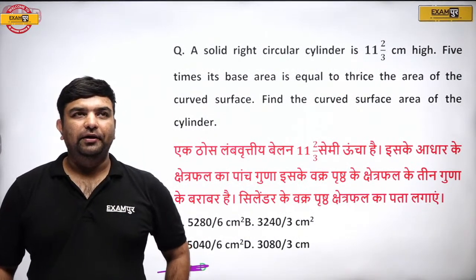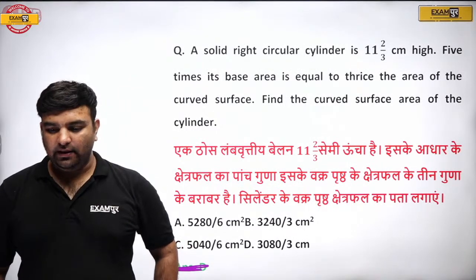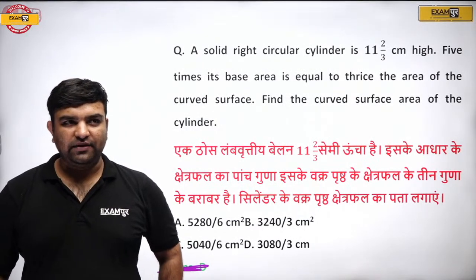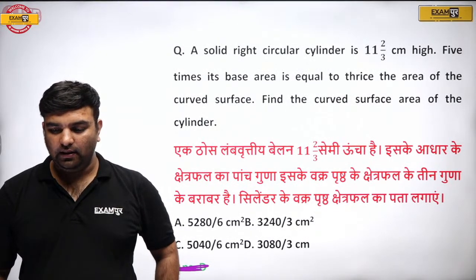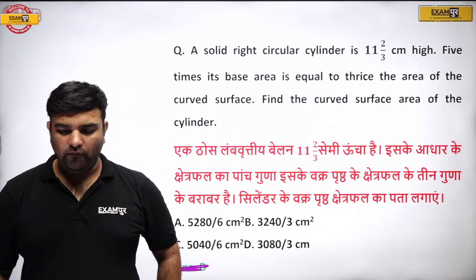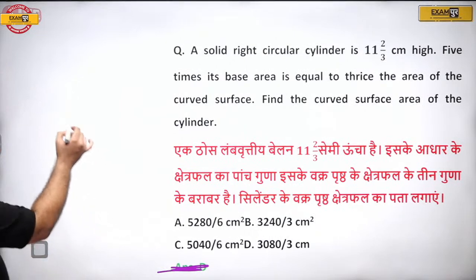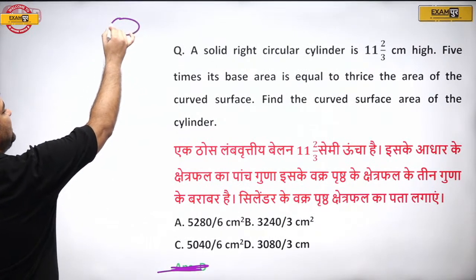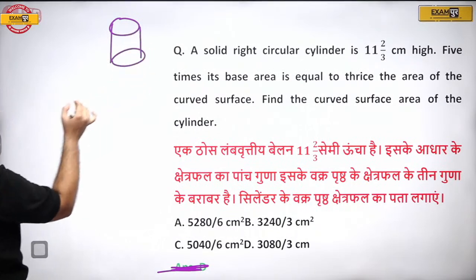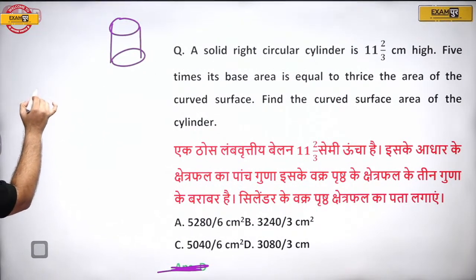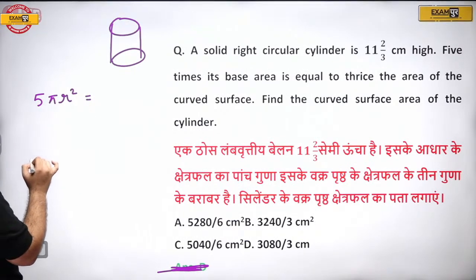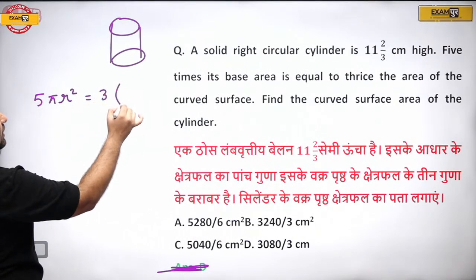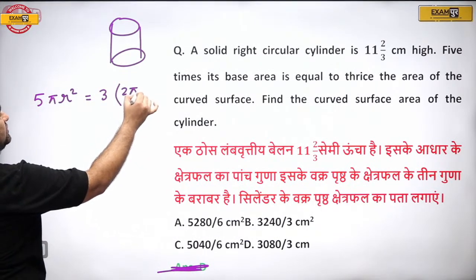A right circular cylinder, height is given. 5 times the base area is equal to 3 times the curved surface area. Find the area of the cylinder. It was the homework question. The base area for a cylinder is pi r square. So 5 times pi r square is equal to 3 times the curved surface area, and curved surface area is 2 pi rh.